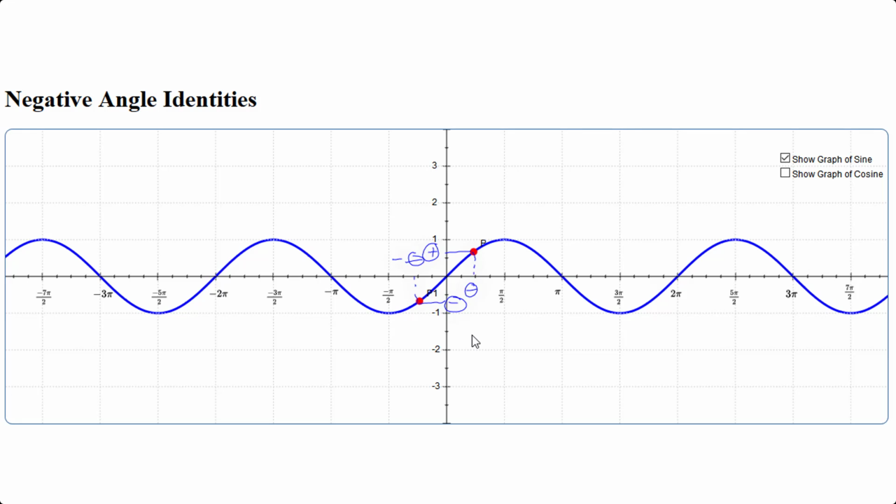And that's always going to be the relationship between these two values. Let me go up to a common angle measure. So let me go to pi over 2. I'll drag my point over here to pi over 2.